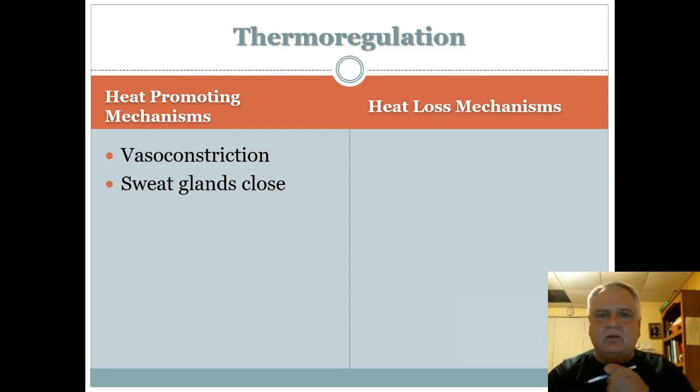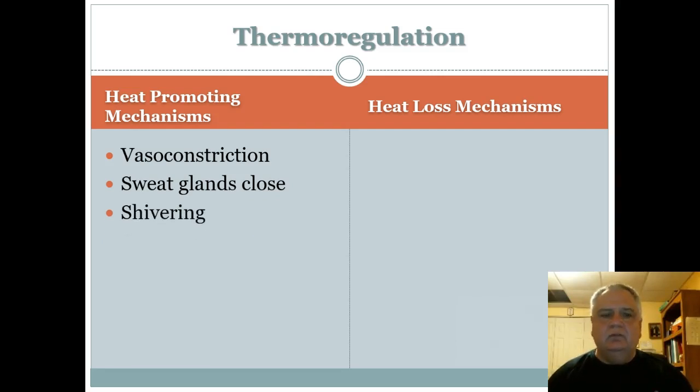Twist shut the ducts of the sweat glands, even deactivate the sweat glands, so water is not coming to the surface of the skin to evaporate. So we restrict the flow of blood to just underneath the surface of the skin, and we close the sweat glands. This helps to retain the heat that our body has.